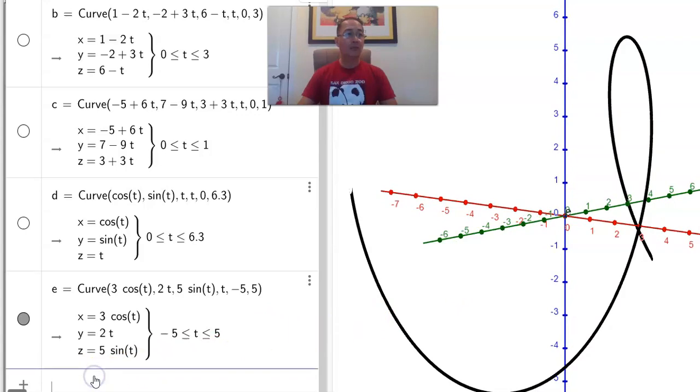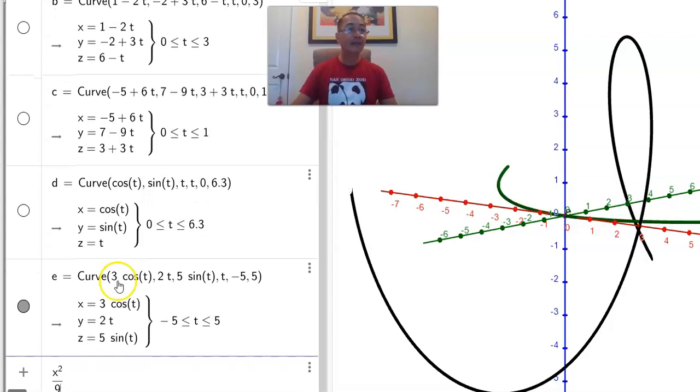Okay, so again, think about the Pythagorean identity, cosine squared plus sine squared. To isolate cosine, you need x over 3. So we have x squared over 9 plus, that's our cosine squared.